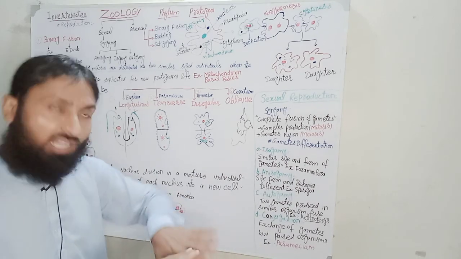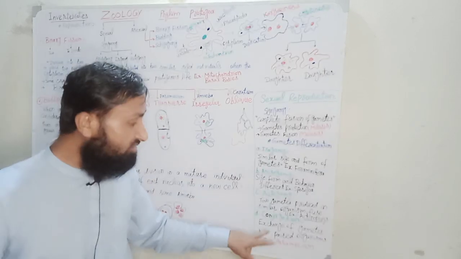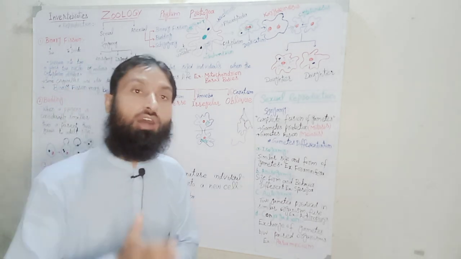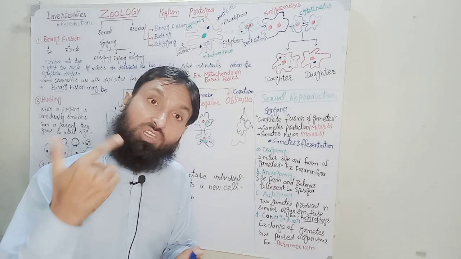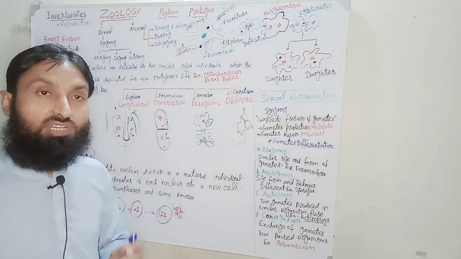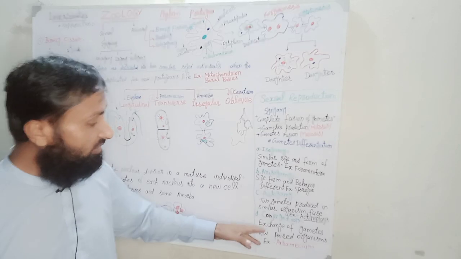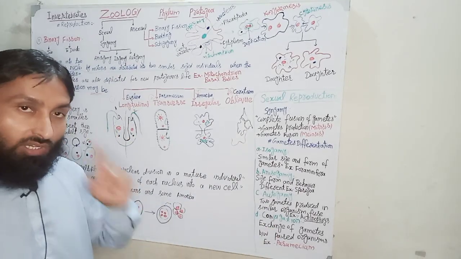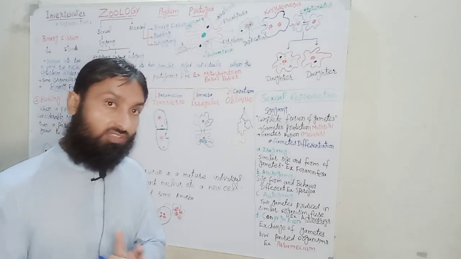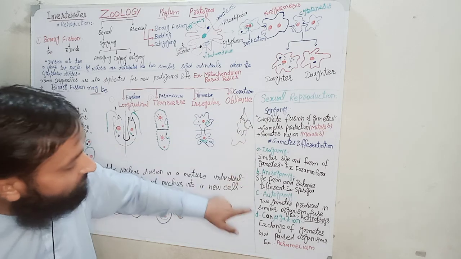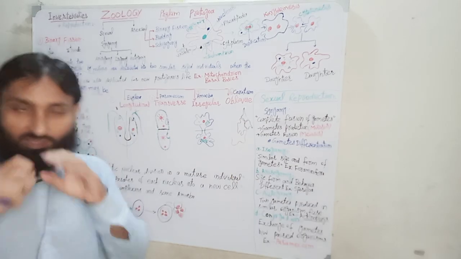They can separate from each other after transferring the sexual material into each other. The male organism transfers its sexual material to the female. This is conjugation.